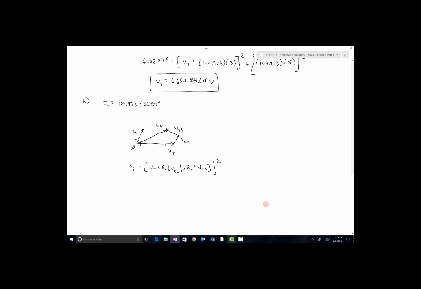So square that. And then I need to know the height of this right triangle. It's going to be the imaginary part of VRA plus the imaginary part of VXS, right? The projection of VRA onto the y-axis and the projection of VXS onto the y-axis, squared.